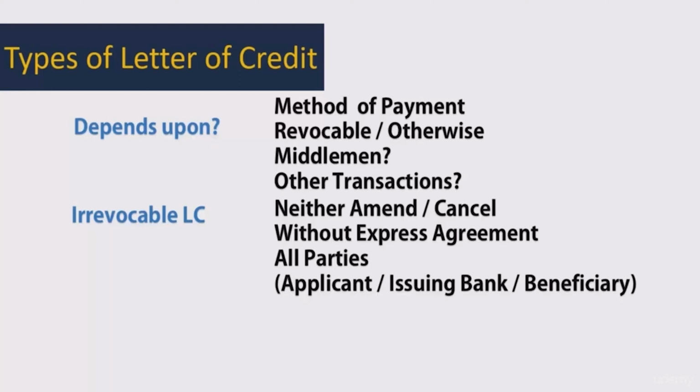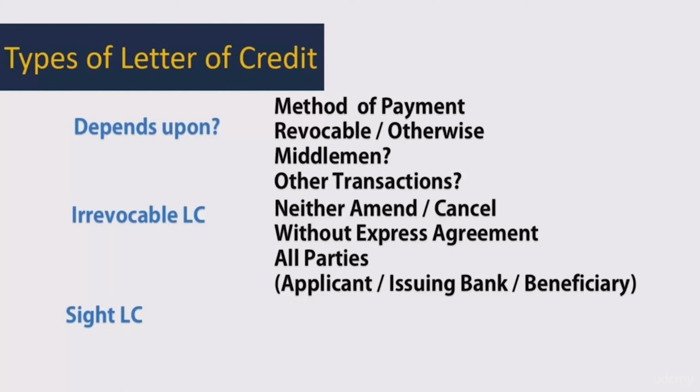Then we can also have two or three other classifications or types of LC. One, we have sight LC. Sight LC is a case where the seller is not giving any credit to the buyer.